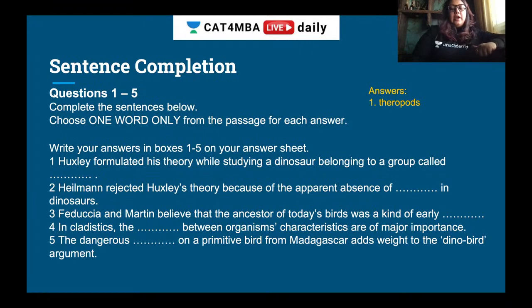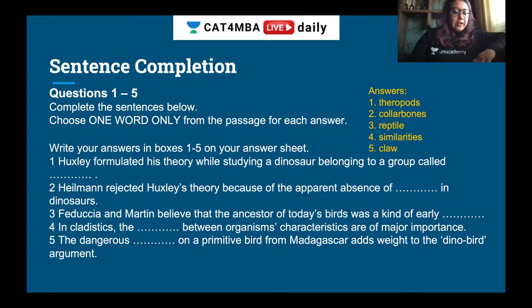We did this. Hillman rejected Huxley's theory because of the apparent absence of dash in dinosaurs' collarbones. Fiducci and Martin believe that ancestors of today's birds were a kind of early reptile. In cladistics, the dash between organisms' characteristics are important. The similarities. The dangerous dash of a primitive bird from Madagascar adds weight to the dinobird argument, the claw. Right? I hope you get this. This was simple, this was easy.